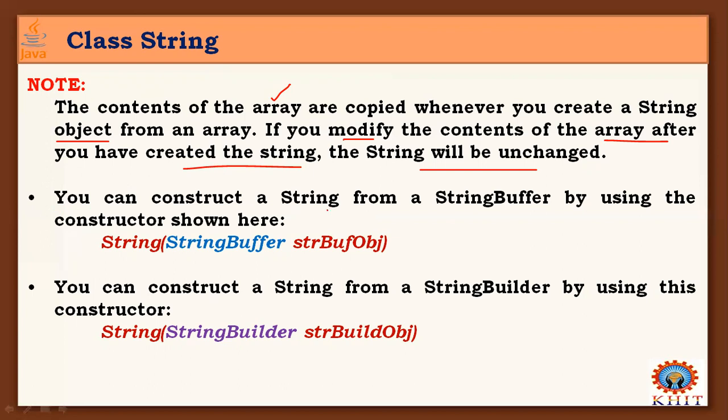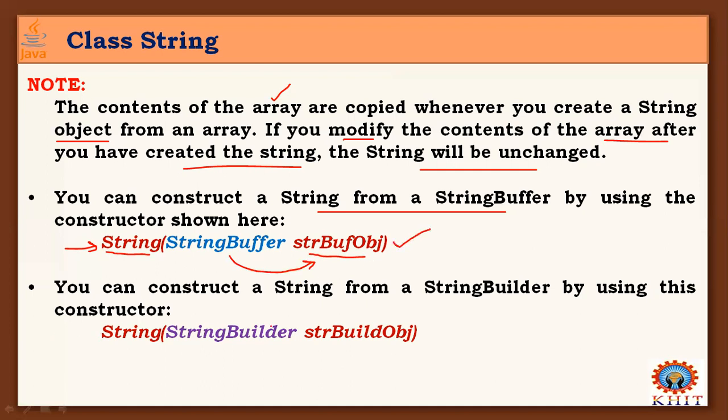So here, you can construct a string from the StringBuffer class using a constructor like this, and then it is allowed to be modified. With the string constructor, passing one object of the StringBuffer class, it is allowed to modify that string.